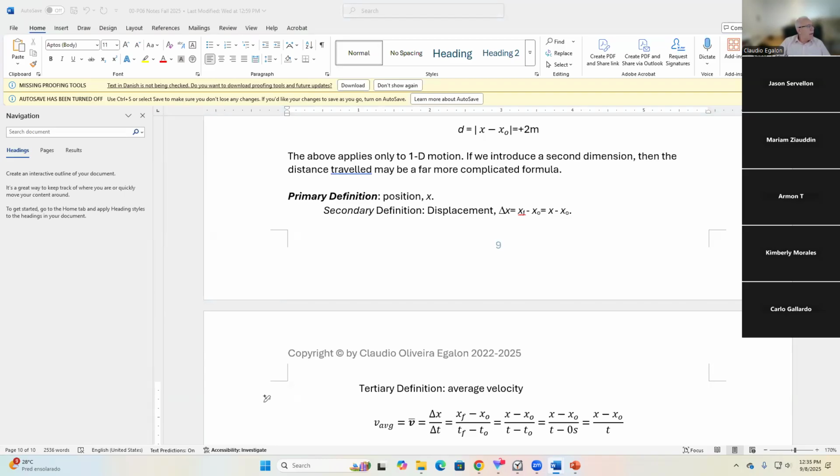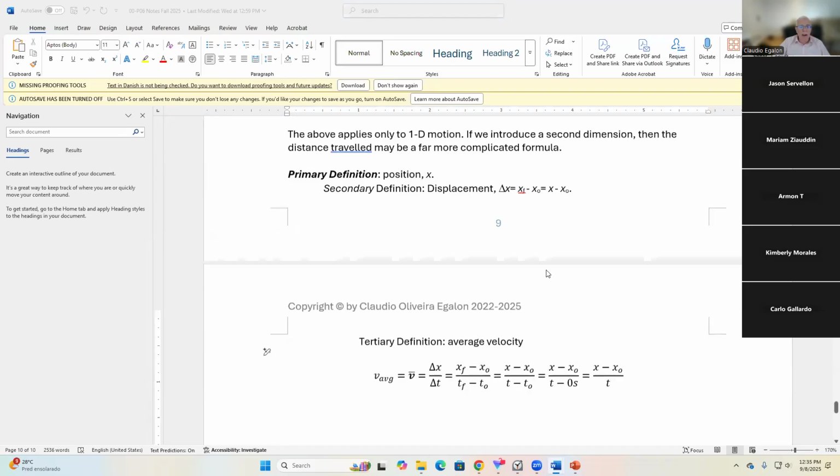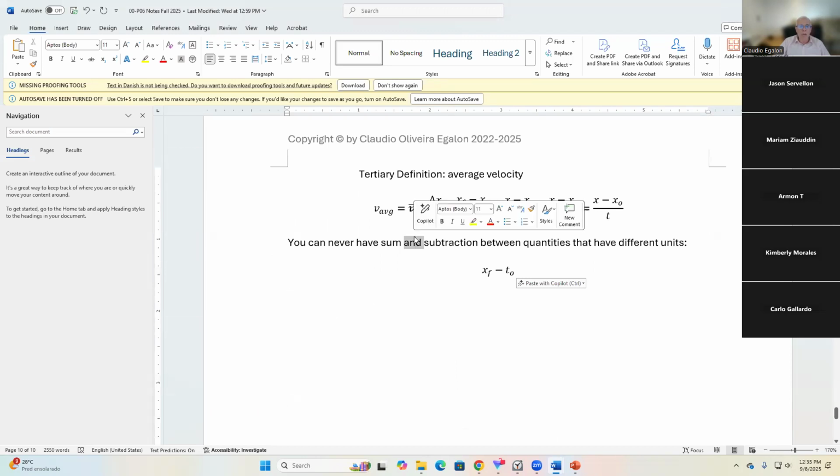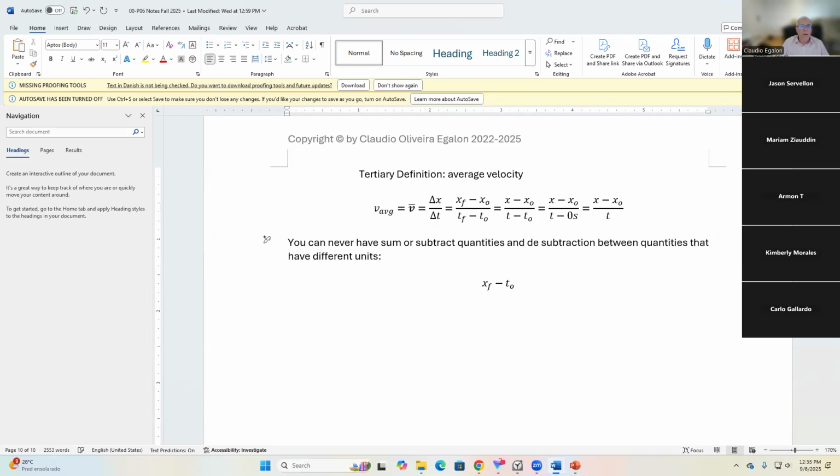And just like I said before, you can never sum or subtract quantities or definitions that have different units. For instance, you cannot sum position with time.